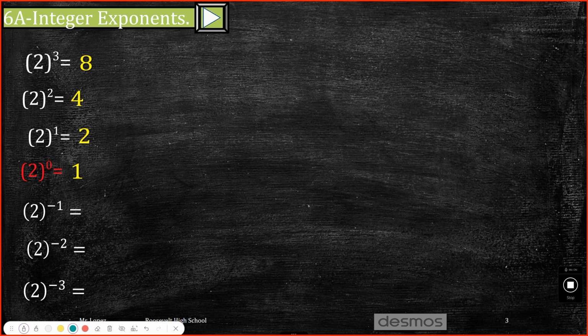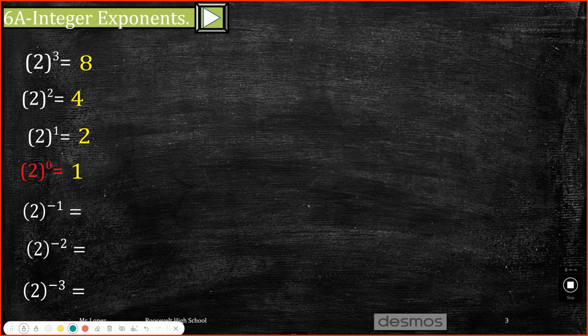Now, don't use a calculator again. Anybody who thinks they know what this answer is? Raise your hand. What do you think this answer is? Negative 2? Yeah, that's what most people think. But why would I stop?